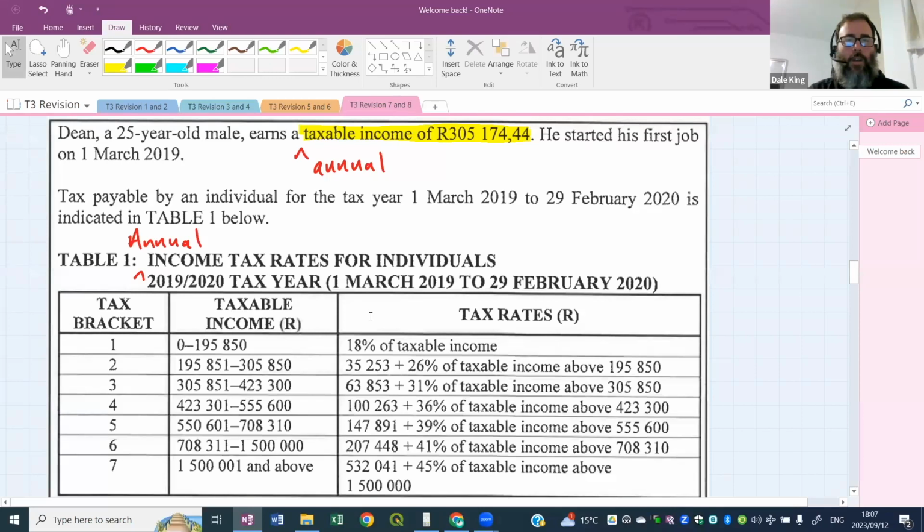Okay. Just as a matter of interest, into which bracket will Dean fall into on this tax table with his annual salary of 305,000? Into which tax bracket? These are the tax brackets down the side here, or on the left-hand side. So which one? You should all be able to see.